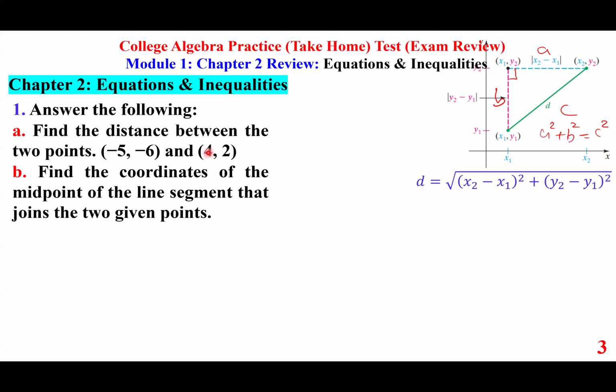So 4 minus -5 makes it 4 plus 5 quantity squared, and 2 minus -6 means 2 plus 6 quantity squared, all under the radical. That would be the distance between these two.